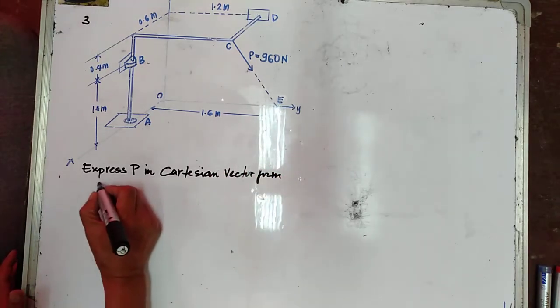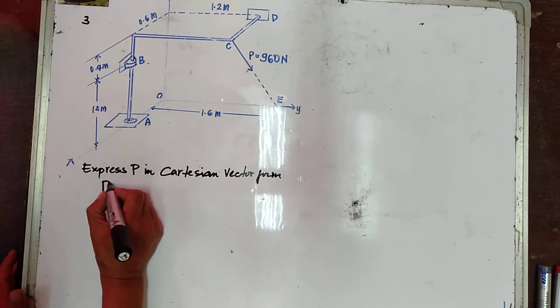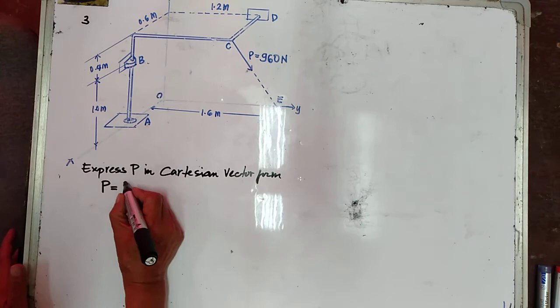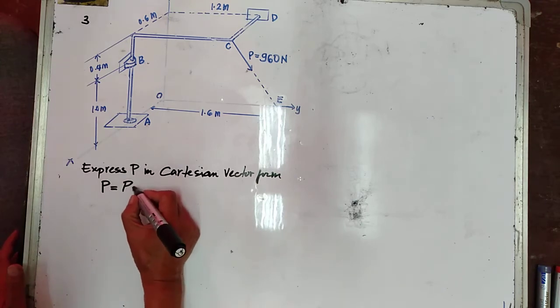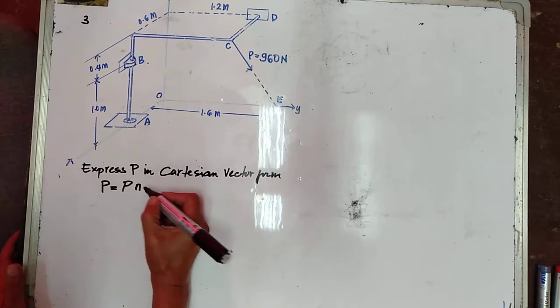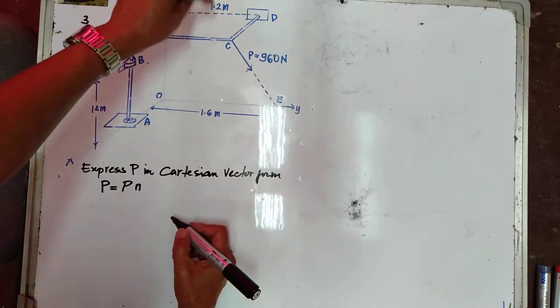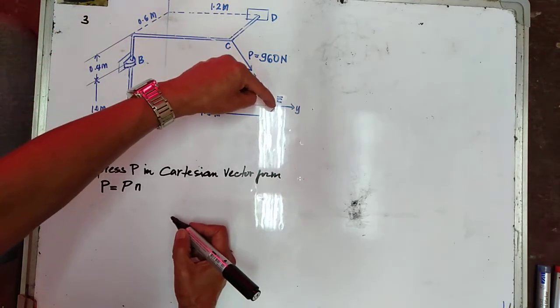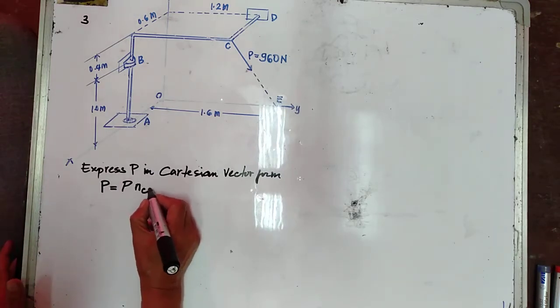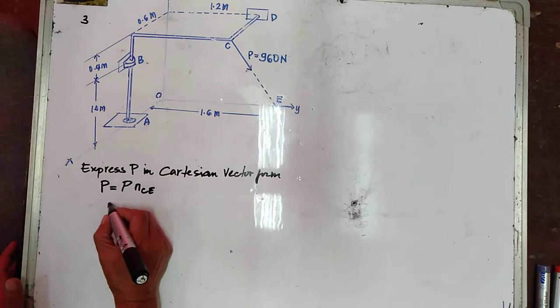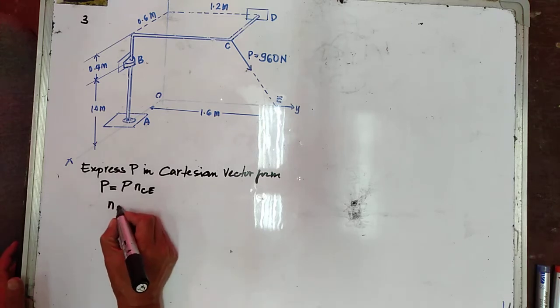So your P in Cartesian vector form is now equal to the magnitude of P multiplied by a unit vector in the direction of P. And the direction of P is from point C to point E. That is now your CE. So you are going to determine again a unit vector CE.